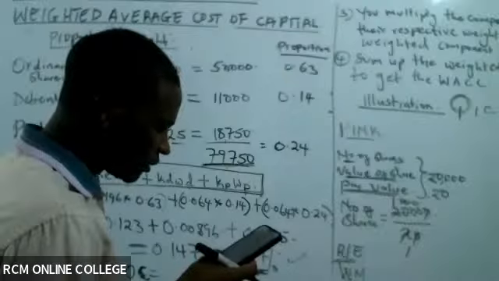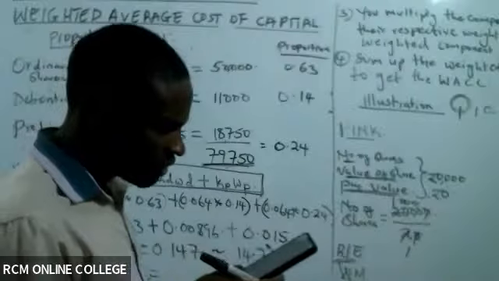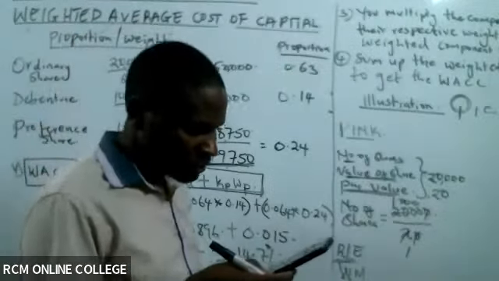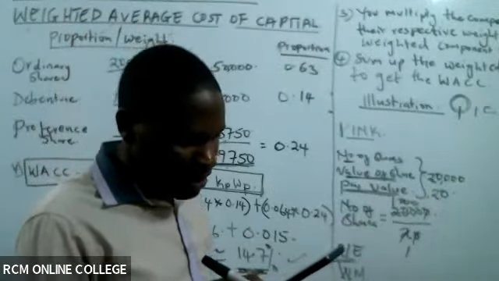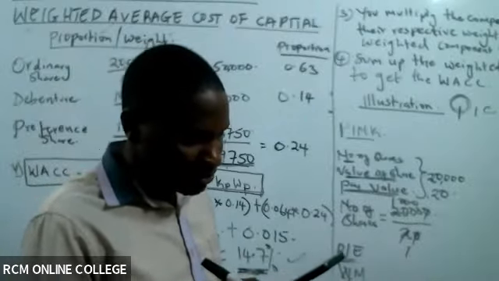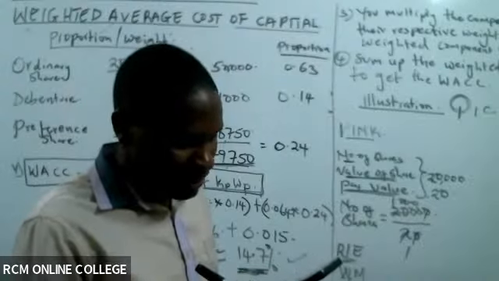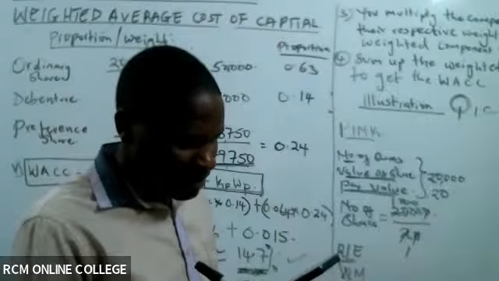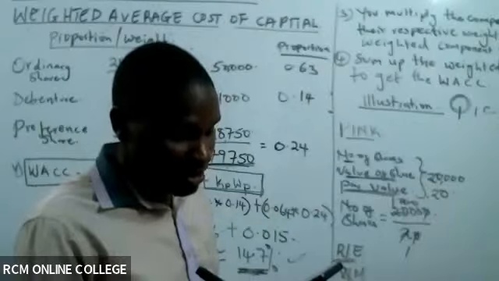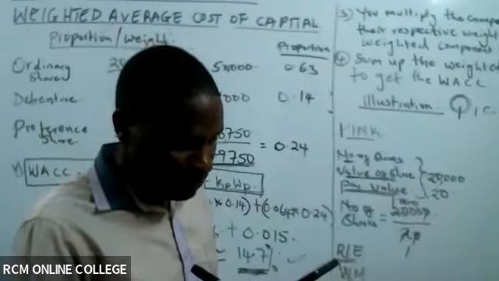Sawa. So ordinary share have ex-dividend market value of 47 per share, and the ordinary dividend of 3.63 per share has just been paid. The following dividend have been paid over the past 4 years. Hii swali inahitaji time yetu tuiangalie vizuri.